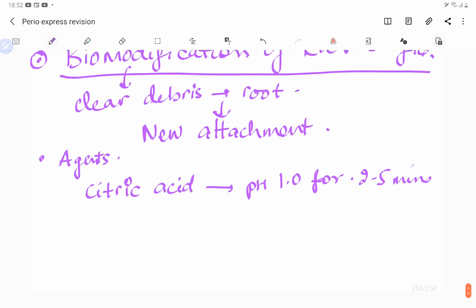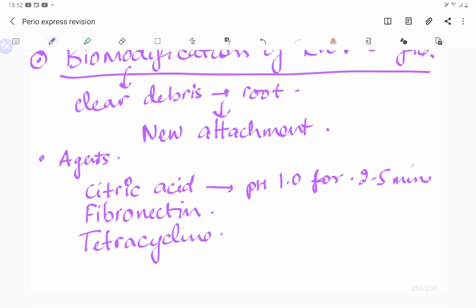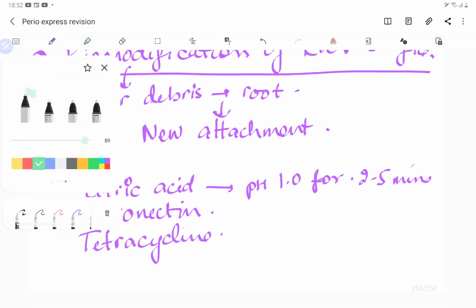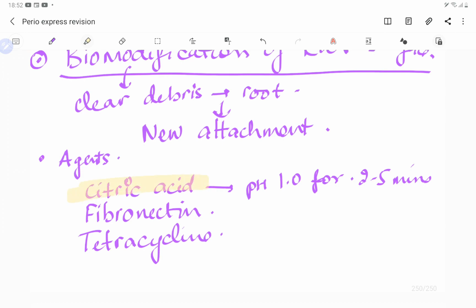Then we also use the fibronectin, and most frequently asked is also again tetracycline. Tetracycline, guys, is also used as a biomodification of the root. So these are the agents which are used for biomodification of roots. Very important, you have to remember this. What are the agents? Citric acid, fibronectin and the tetracycline.